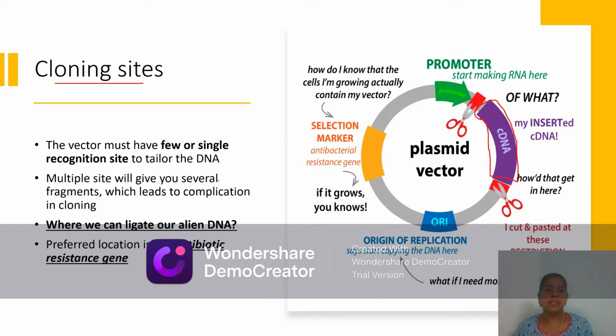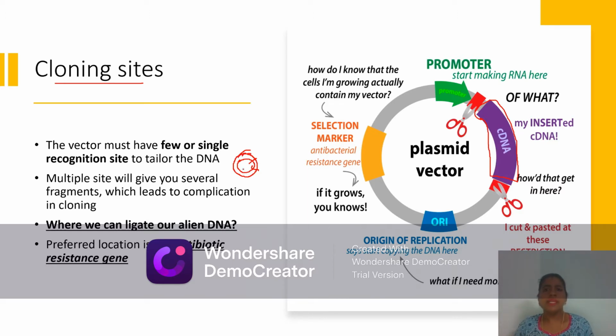Understand why we don't want multiple cloning sites? While cloning, you will add restriction enzymes to cut particular portions. If you have multiple sites, what will happen? Your double-stranded circular plasmid will break into so many pieces.